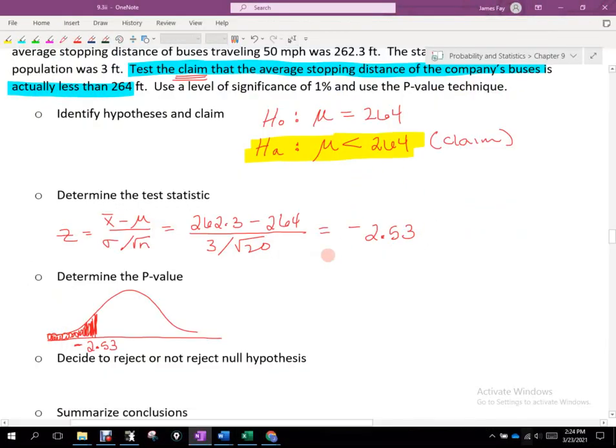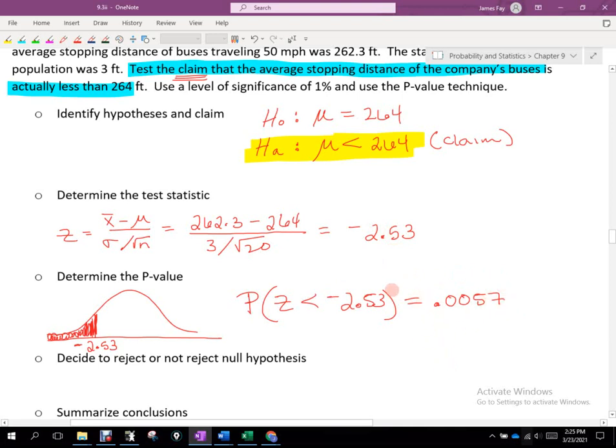So a lot of times you'll see it written this way: the probability that you get a test statistic that is more extreme in the left tail than negative 2.53, the probability of that happening is 0.0057. Okay? So the probability of getting data from 20 buses that is more extreme than that is 0.0057.